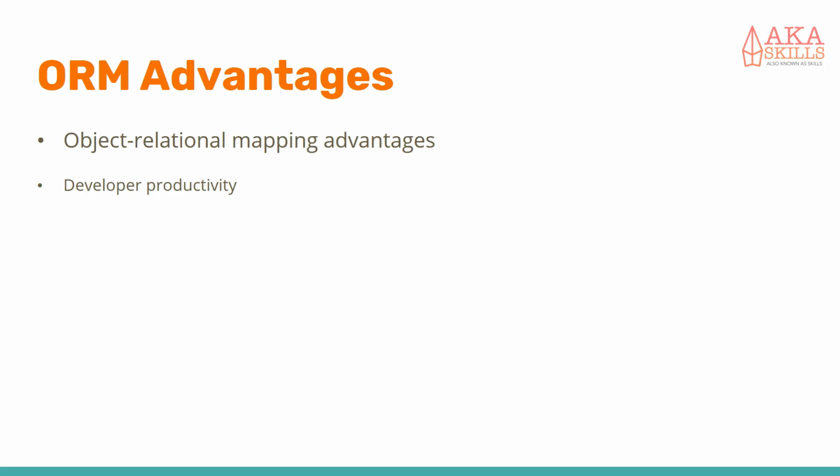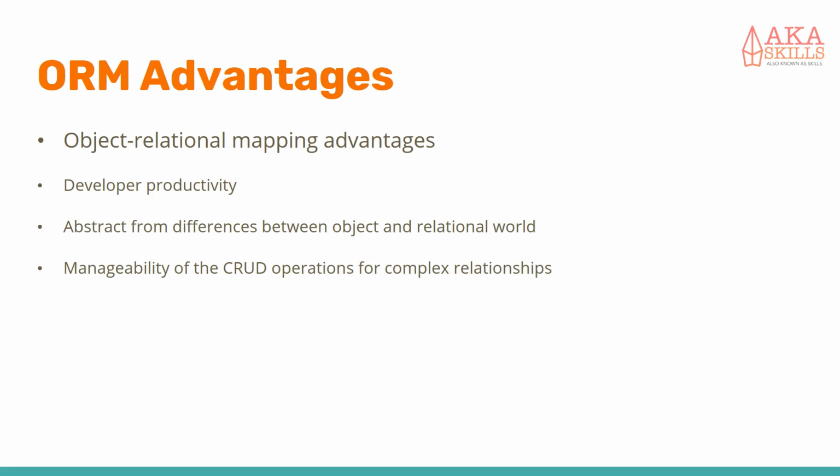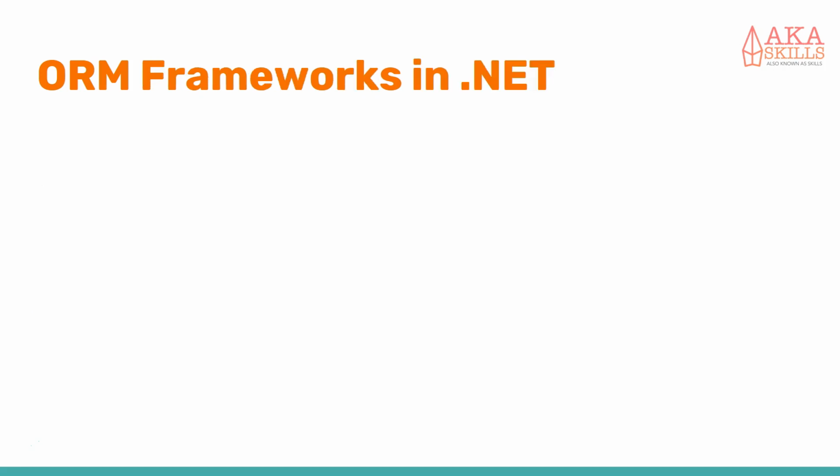So we're saving time, writing less code, much cleaner, much better. We abstract from differences between the object and relational world, so complexity is hidden within our ORM. We also get manageability of the CRUD operations for context, relationships, and easier maintainability.